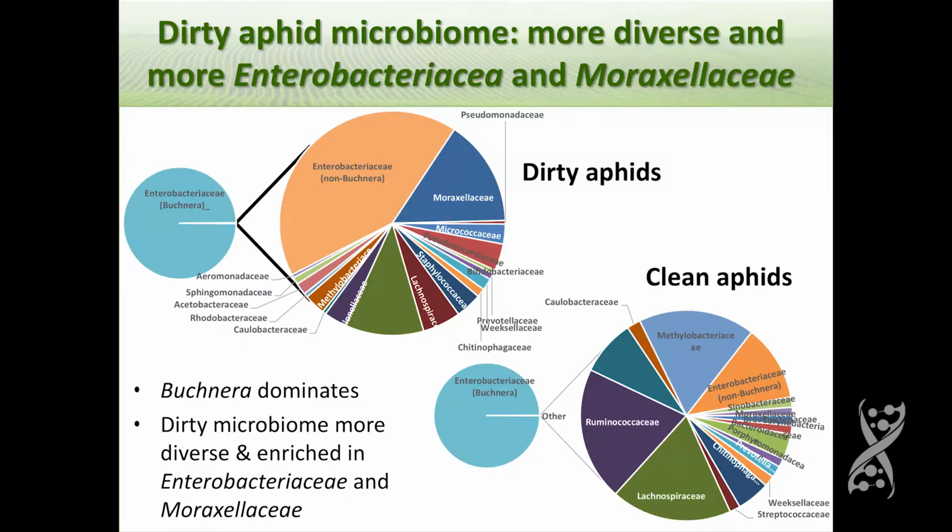But if you look at the other bacteria that are associated, the dirty aphids have more of these Enterobacteriaceae that we're interested in than the clean aphids. And they also have more of the Moraxellaceae. So the very ones that we were seeing associated with aphids from our culturing techniques are the ones that we're finding. Also, the diversity of the population, as you might expect, on the dirty aphids is much higher.